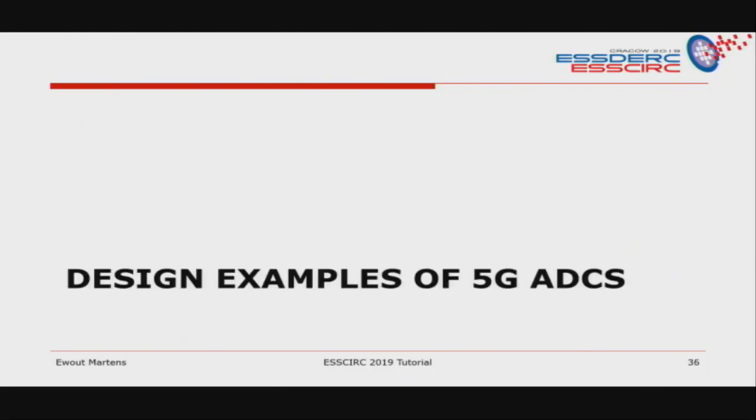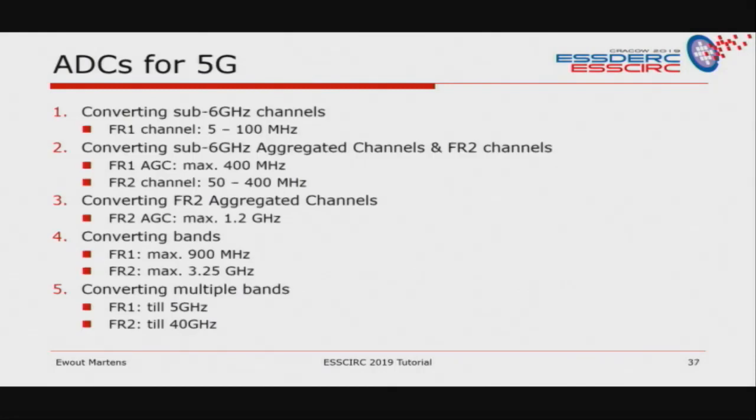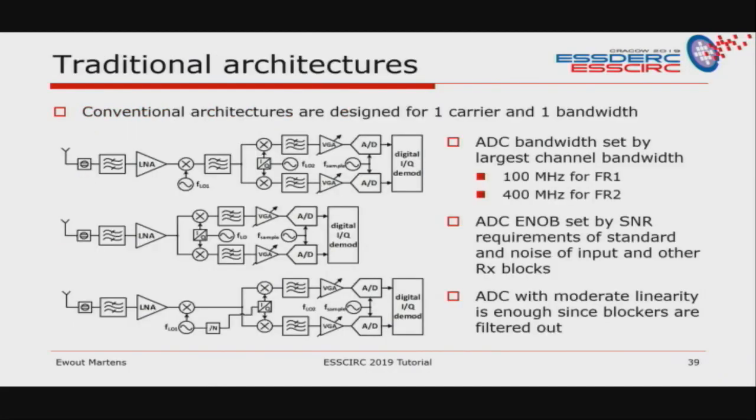Now let's have a look at design examples of 5G ADCs, and I've made a distinction depending on which bands you would like to convert. The first one is basically just for sub-6 GHz channels, and there basically traditional architectures can be used.